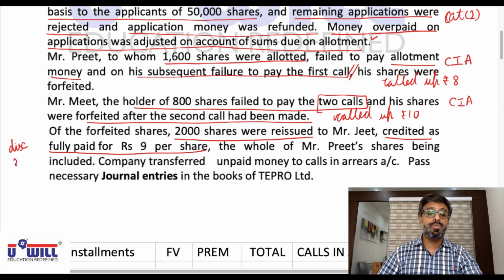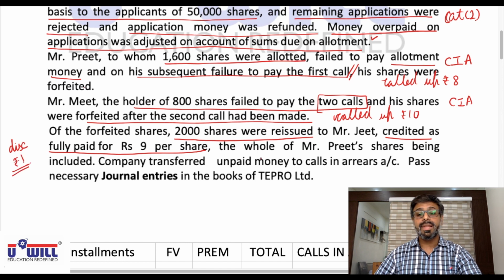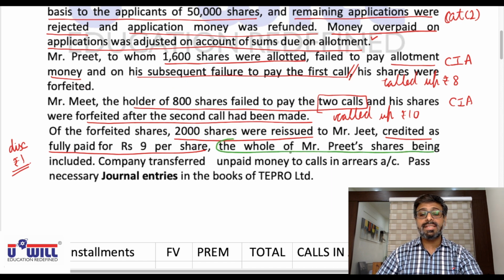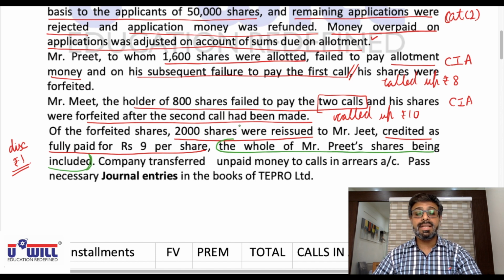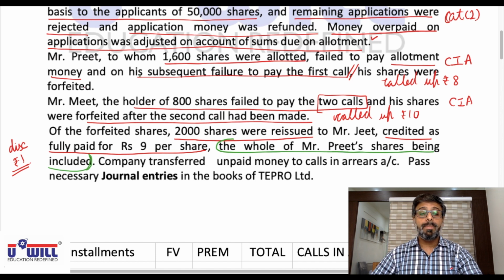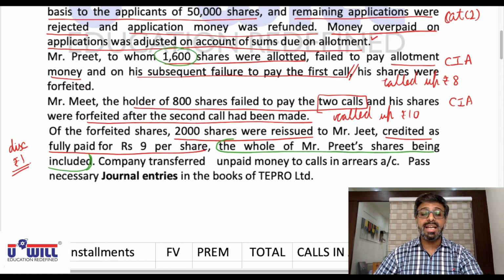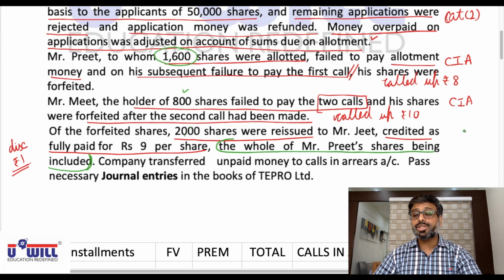9 is the reissue price, so discount is 1, and the whole of Mr. Preet's shares being included. Means in this 2000, Preet's 1600 shares are all included and the remaining 400 are of Meet.